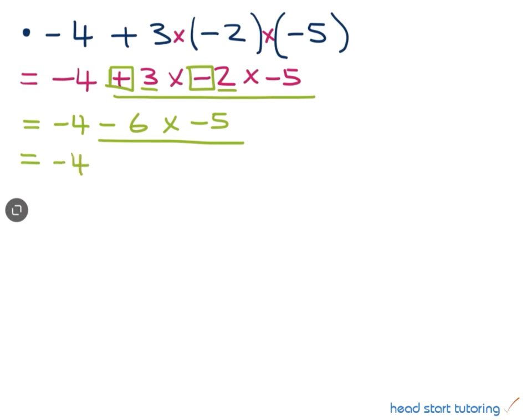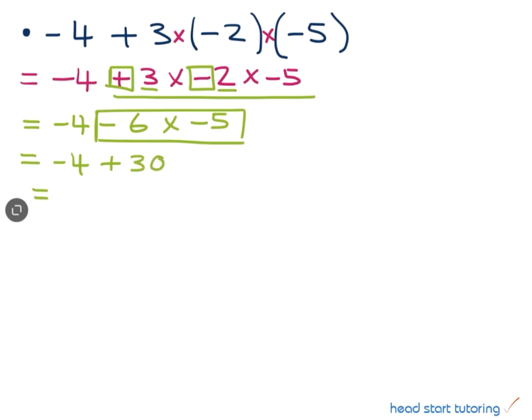So we bring down our negative 4, and we have got negative 4 minus 6 times negative 5. So we do that first. Negative times a negative is a positive, and 6 multiplied by 5 is 30.